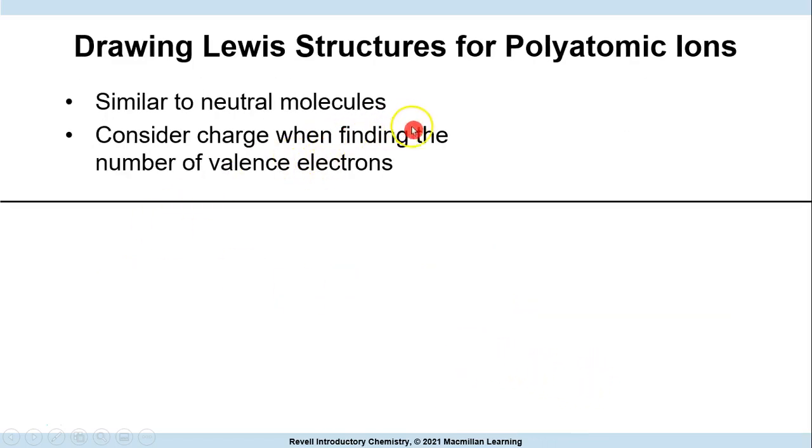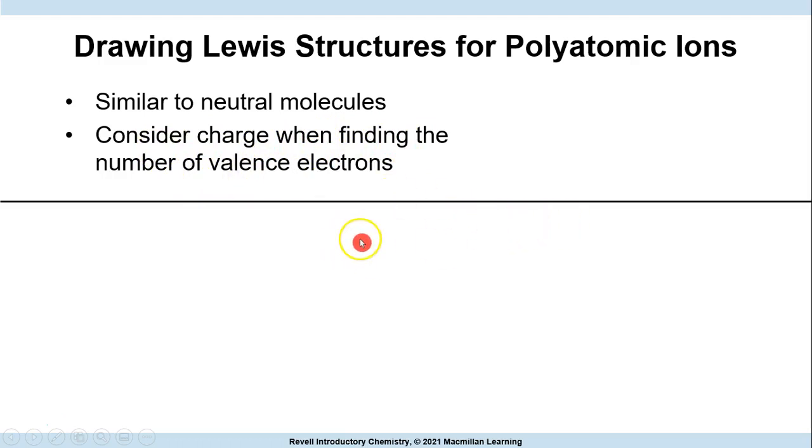Now let's see how we can draw the Lewis structures for polyatomic ions. For polyatomic ions, we are going to follow exactly the same rules that we use for neutral molecules, but we are going to add or subtract electrons based on the charge on the ion. We consider the charge when finding the number of valence electrons.